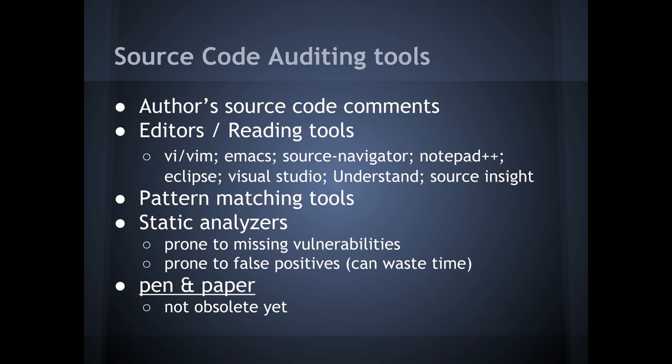But hopefully you are given code comments, and then you're able to use tools like your favorite source code editor or reading tools. And that invokes the VI, Vim, Emacs debate. And then there's pattern matching tools and regular expressions. grep finds bugs if used properly.